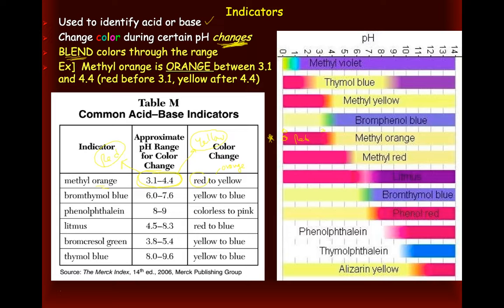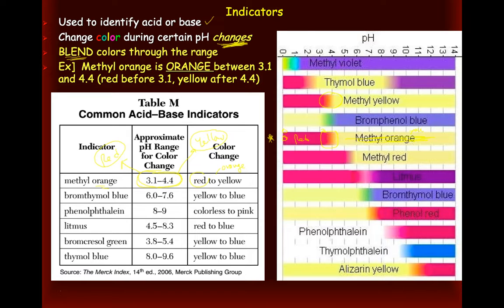It's red this whole way. And over here, it's yellow. This whole range is yellow. It's only active in this range of pH change, where it goes from red to orange. So the idea behind using an indicator is you really want to use an indicator where you have those color changes.